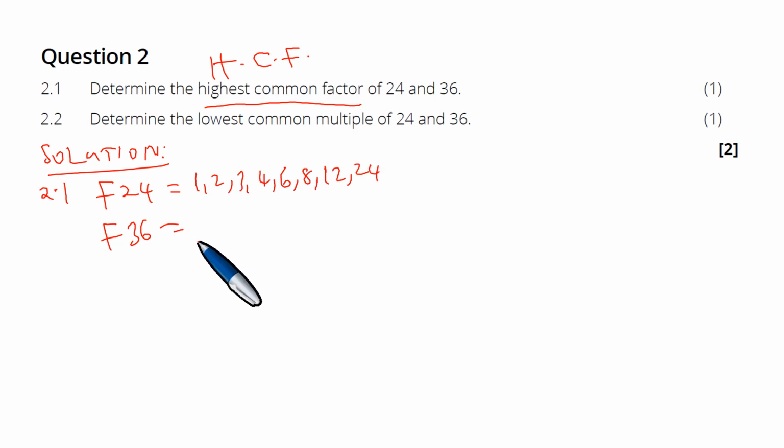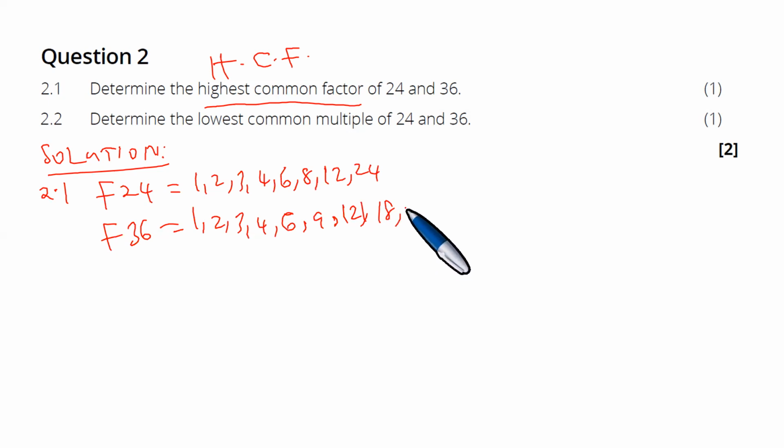What are the factors of 36? 1, 2, 3, 4, 6, 9, 12, 18, and 36. So we have that.